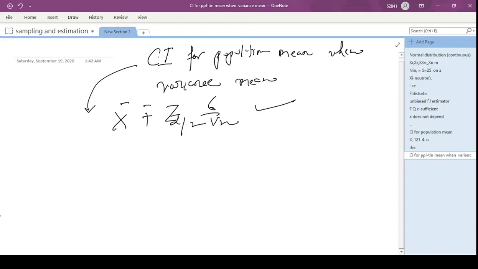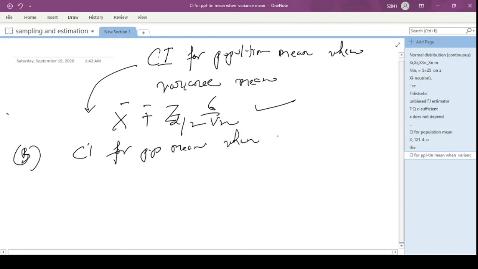Now case number B, as I said, the population variance can be unknown also. So for B, this is another case, the confidence interval for the population mean when the population variance is unknown. What is the meaning?